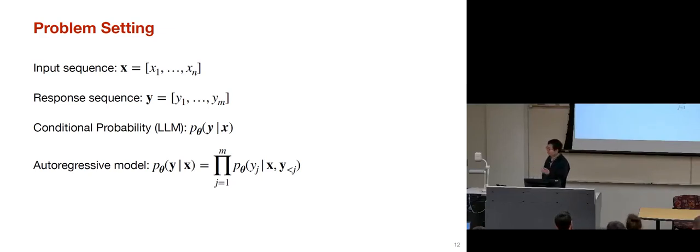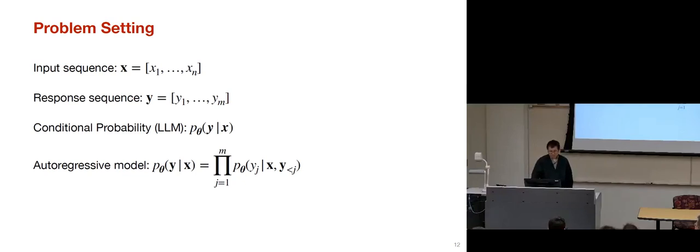When we talk about language model fine-tuning, usually we are dealing with a sequence modeling problem. We denote the input sequence by X and the response by Y. X is often called the prompt, and Y is called the response. The language model is nothing but a conditional distribution of Y given X, parameterized by some parameter theta.